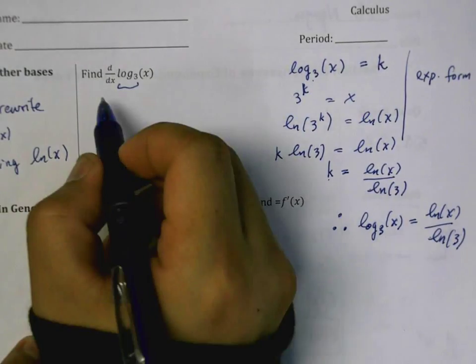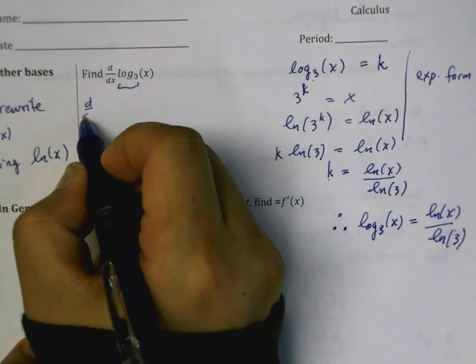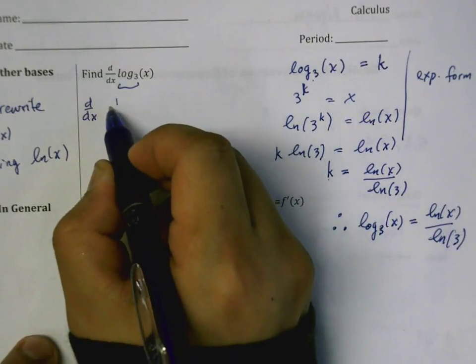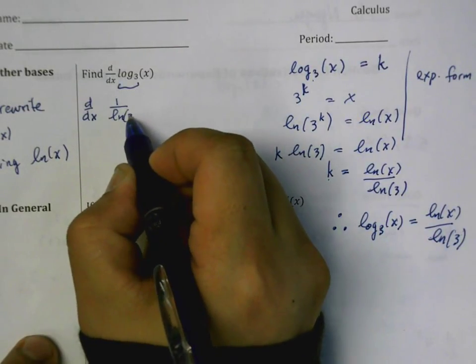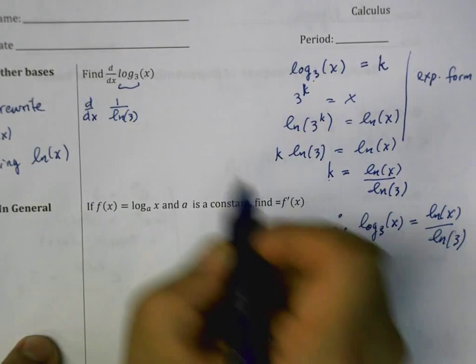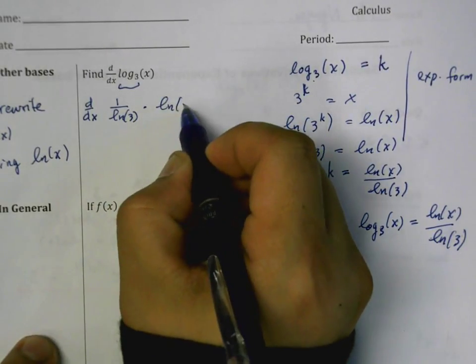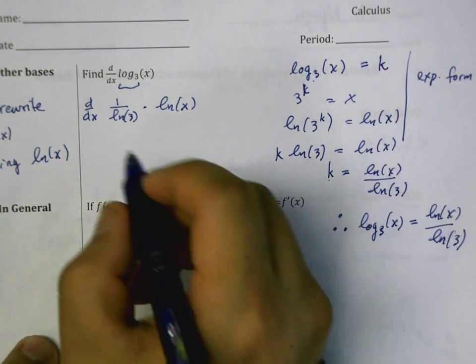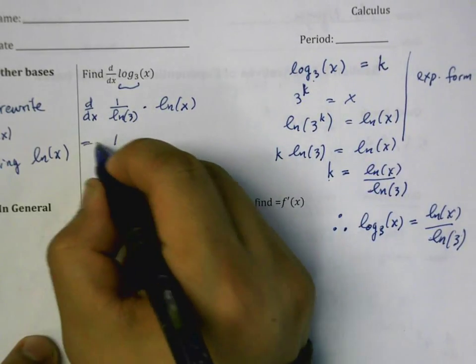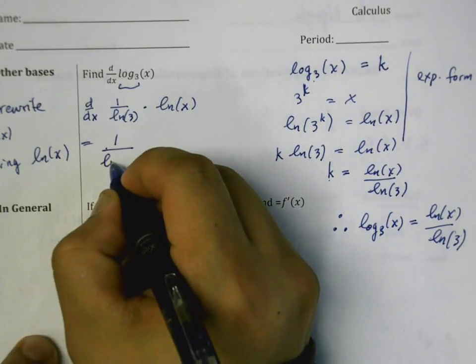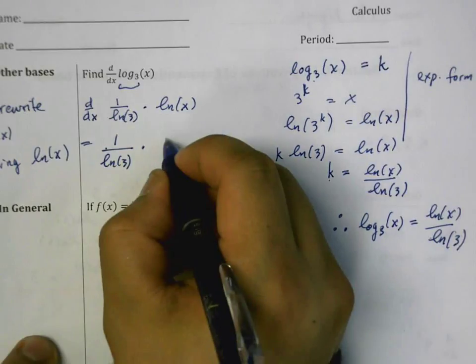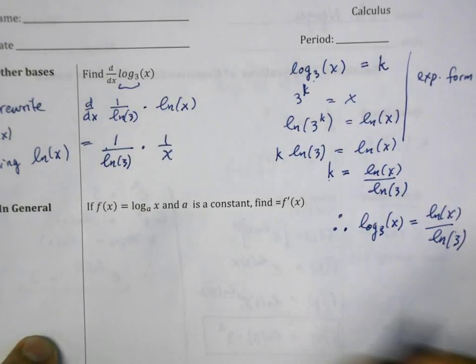So we're going to rewrite this as the derivative of 1 over natural log of 3, and this is just a constant, times the natural log of x, which is simple enough to calculate. This is equal to 1 over natural log of 3 times the derivative of natural log of x, which is just 1 over x.